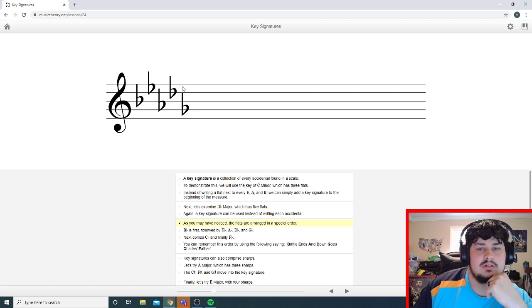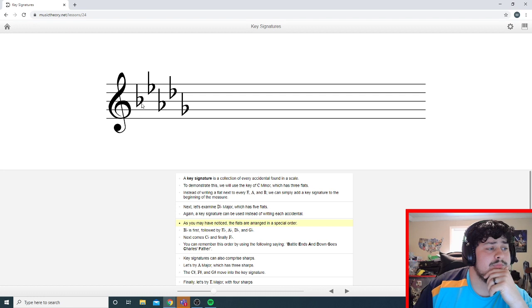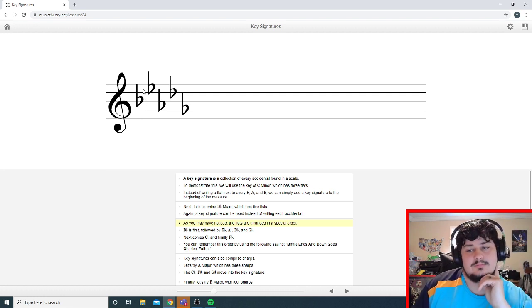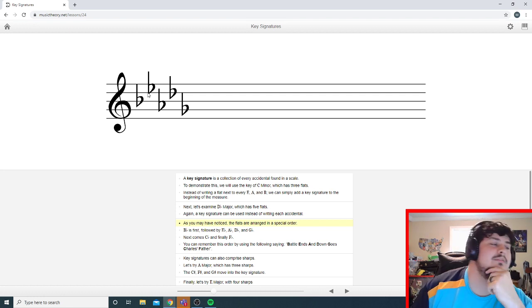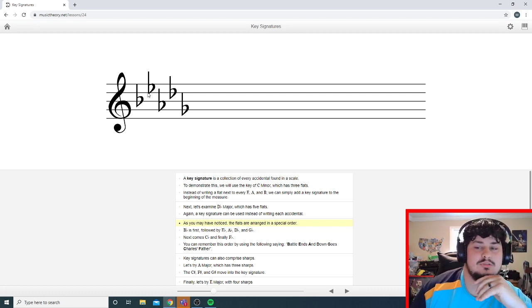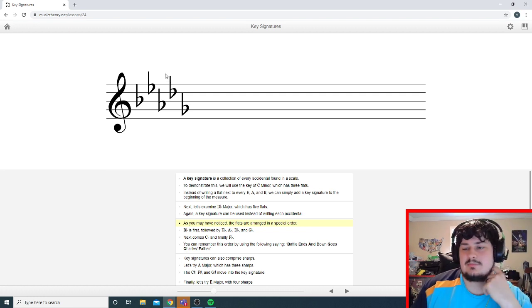How do we name this? If you can read down here, I don't know if you actually can, it looks like it's hard to read. This is D flat major. You won't have to know D flat major, but we'll talk about it. It's what they gave me in the whiteboard setup. So how do you name this? It's super easy.